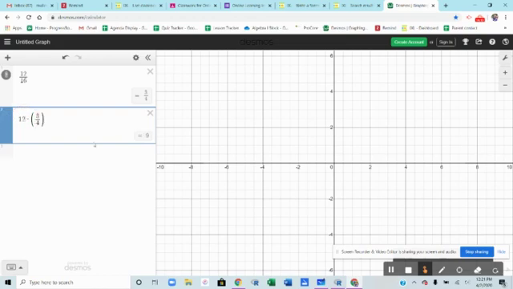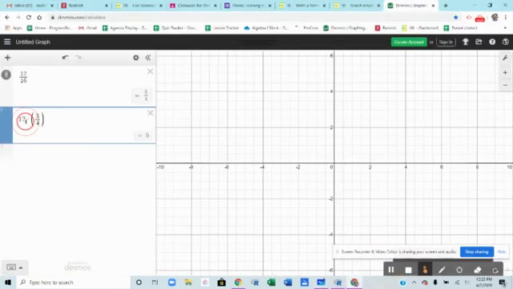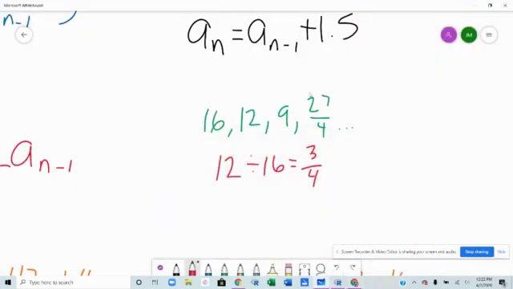Then 12 times 3 over 4 gives me 9, like I wanted. And then 9 times 3 over 4 gives me 6.75, which is 27 over 4. So this is your common ratio. So your sequence formula is a_n equals 3/4 times a_(n-1).